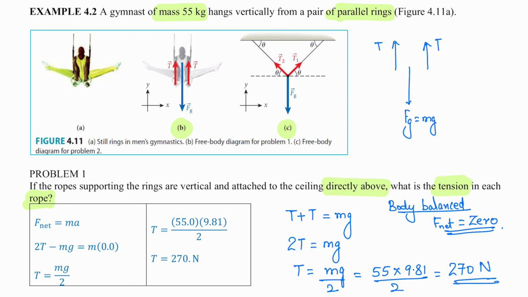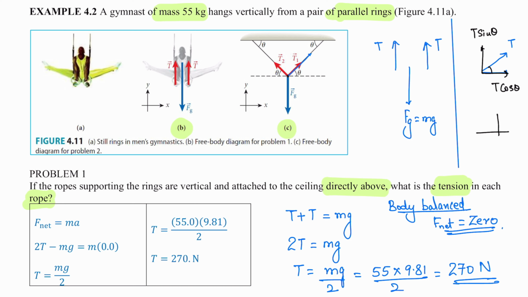In case number 2, we have one tension like this. I will draw it here for you. You can solve two parts, one along the x-axis, one along the y-axis. So you will get T cosine theta and T sine theta. Similarly, the second one like this.